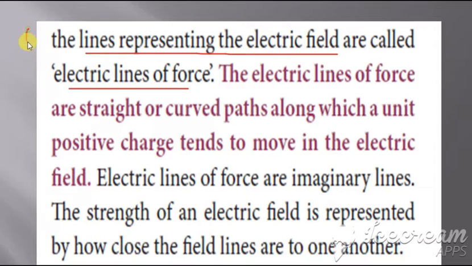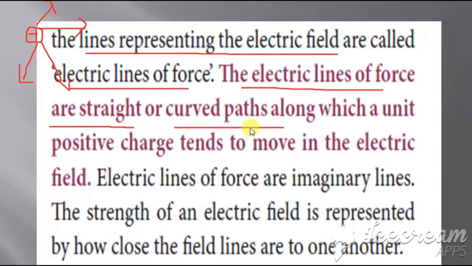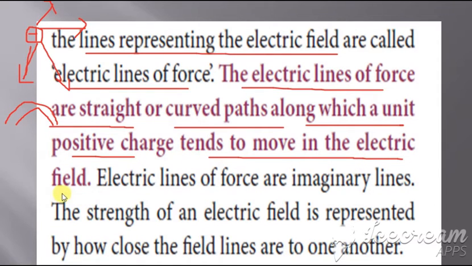The lines which represent this electric field are called electric lines of force. As I've told you already, from a positive charge the lines go like this, and these lines are said to be the electric lines of force. The electric lines of force are straight or curved paths, so it can be either a straight path or a curved path, along which a unit positive charge tends to move in the electric field.